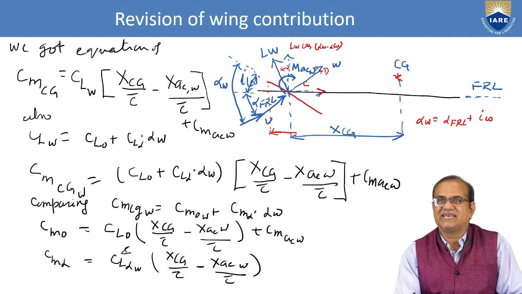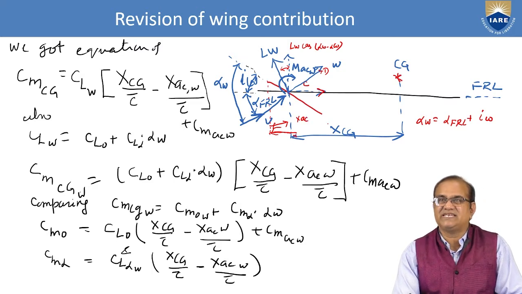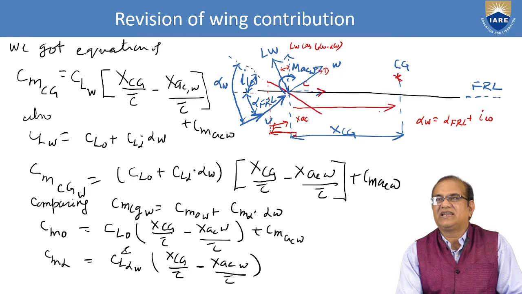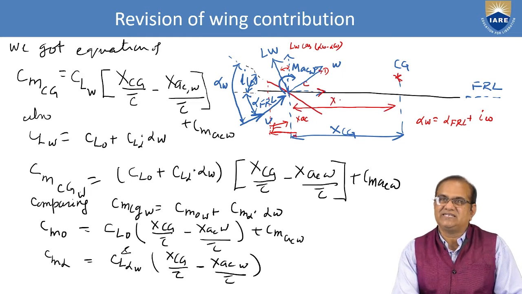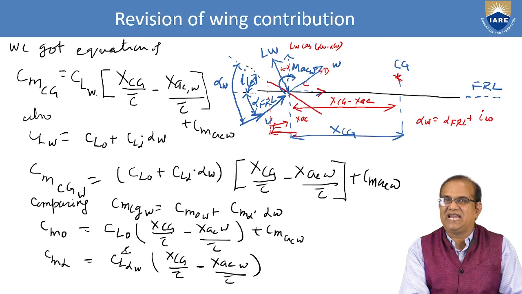This is the XCG, and this is the XAC. So this is what is really used for the moment, the XCG minus XAC. So CMCG is equal to CLW times (XCG by C bar minus XACW by C bar).